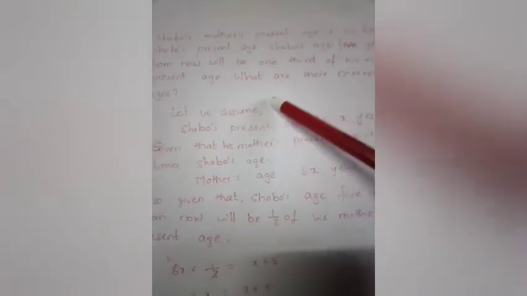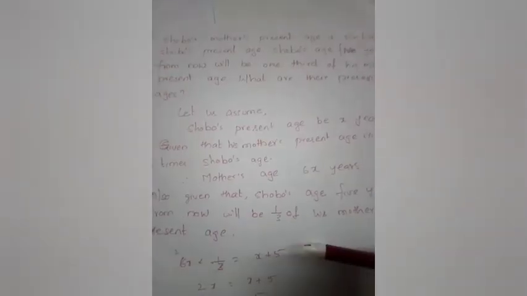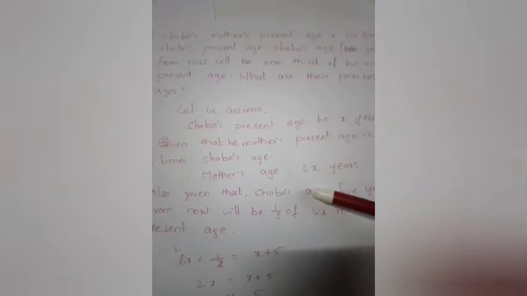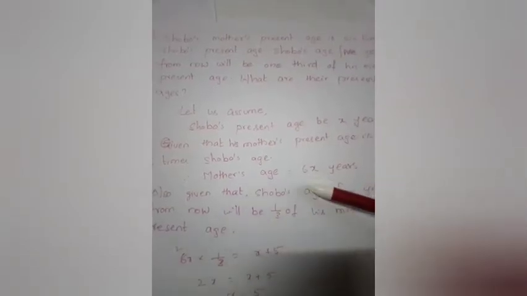Shobo's age 5 years from now will be 1/3 of his mother's present age. What are their present ages? Shobo's age, if you assume it as x, then mother's age is 6 times him. So 6 into x, 6x.